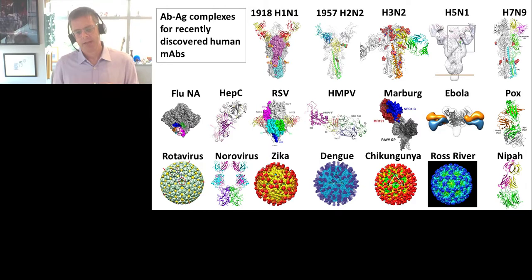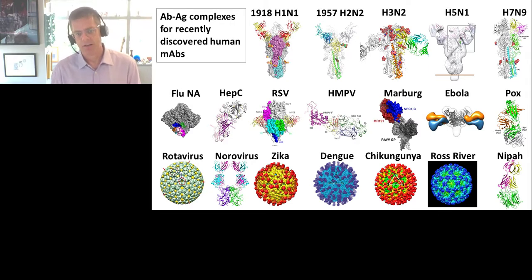All this stuff is coming together to allow us to rapidly get structures of antibodies in complex with viral antigens or on viral particles. And so these images are antibody antigen complexes of antibodies that we've made in the last 4 or 5 years or so, done with many collaborators or by ourselves.